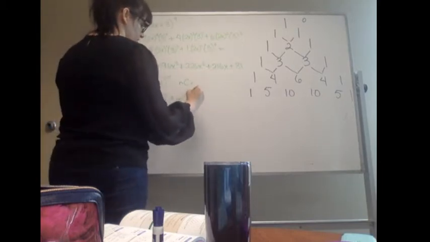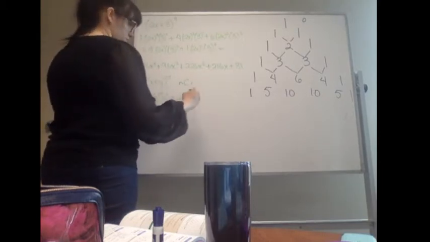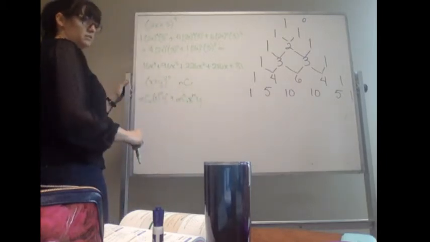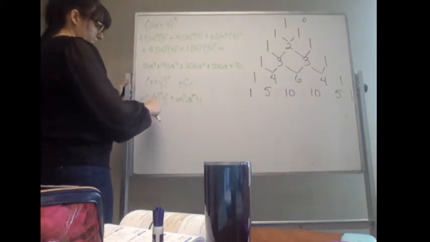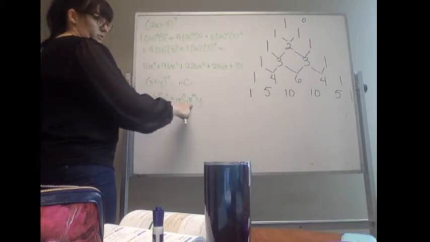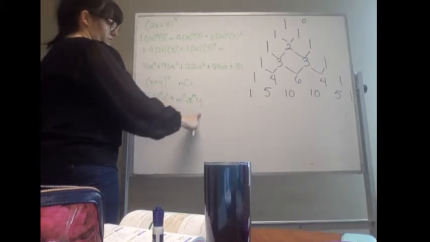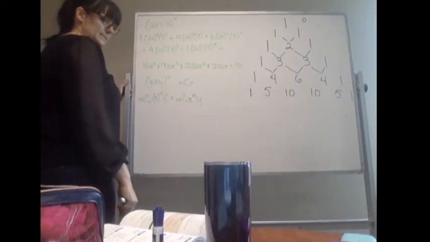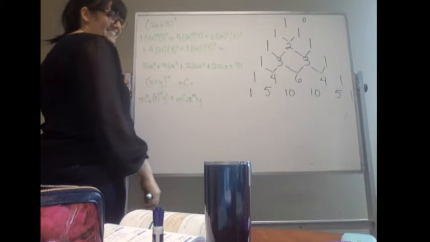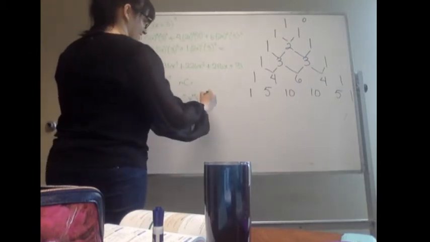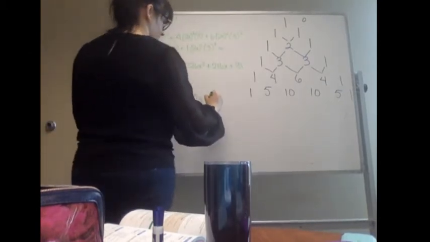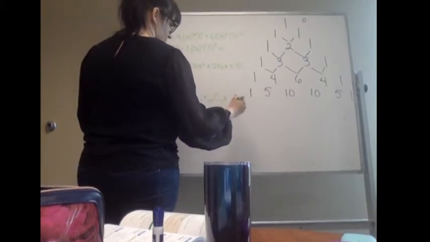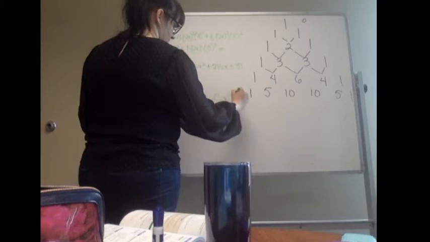And then x to the, because x was to the 15th, so now it's to the 14th. y was to the 0, so now it's to the 1st. Okay. So what comes next? 15C2. And it would be x to the 13th, y to the 2.